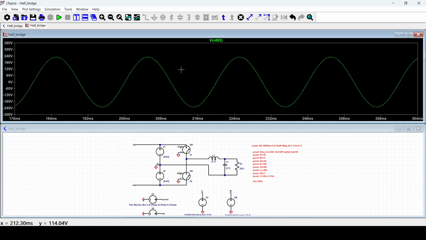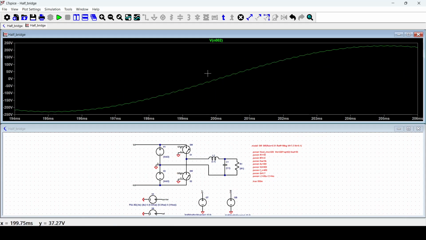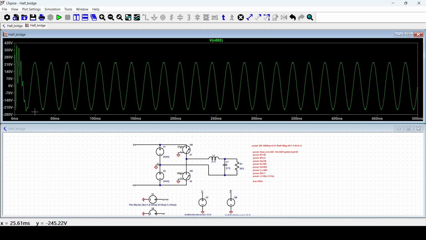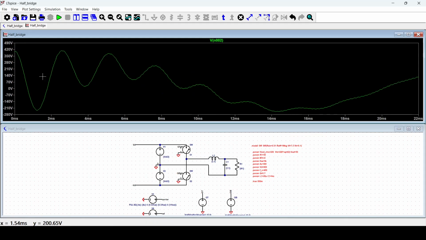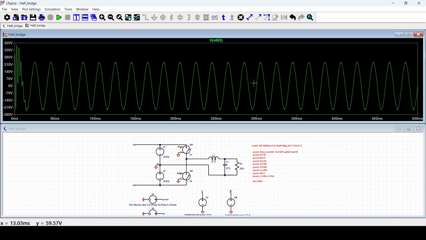We can zoom in and see that the peak-to-peak value is 460, so it's about right. And then we can see the ripple. We can see a transient here, and the Q factor also impacts the transient. The higher the Q factor, the more the overshoot.